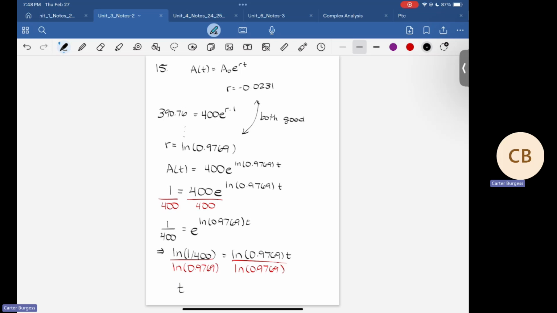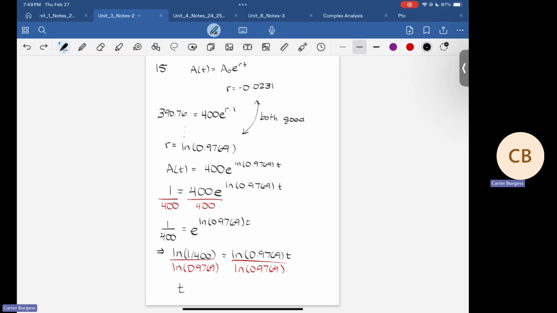So t, I don't exactly recall here. I think this works out to be, well, okay, while we're doing this, might as well. It's going to be the ln of 1 over 400 divided by the ln of 0.9769.